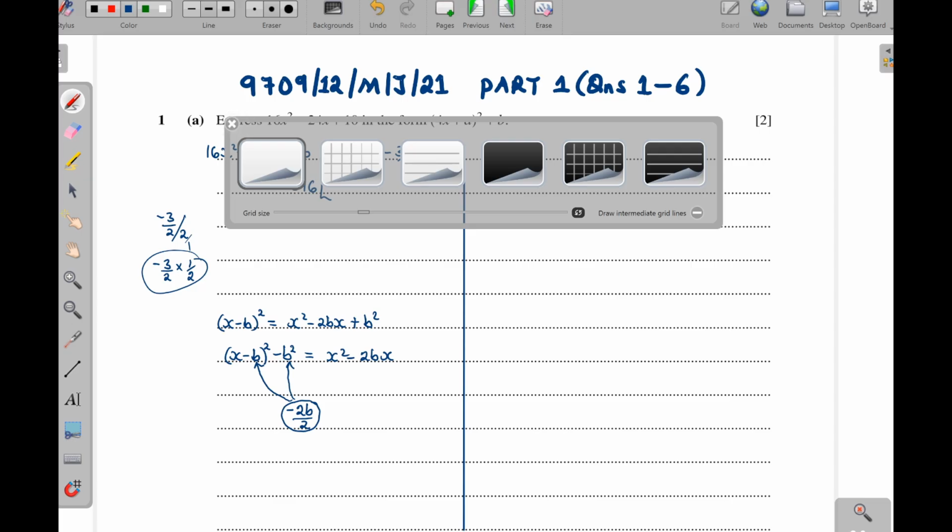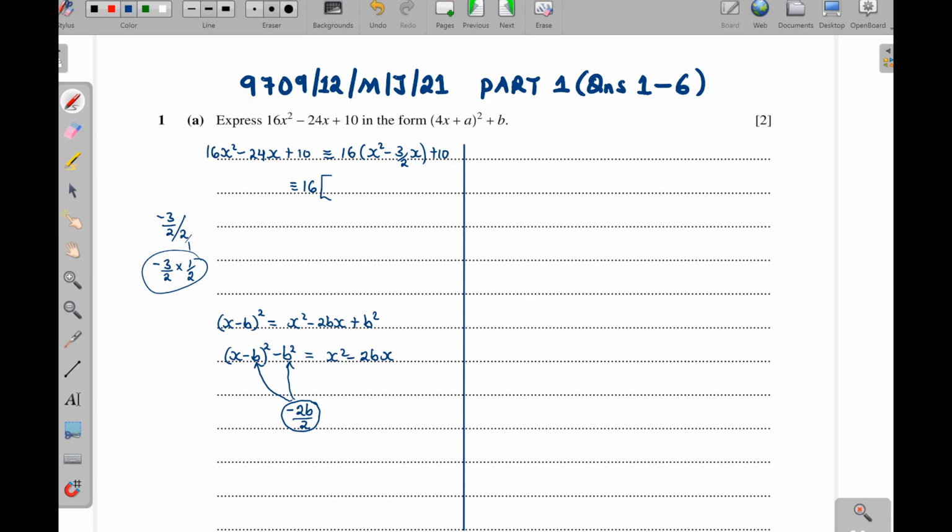So if it is negative 3 over 4, then we shall write here x, then minus 3 over 4, then squared, then pop this one out as a square. So minus 3 over 4, then squared.